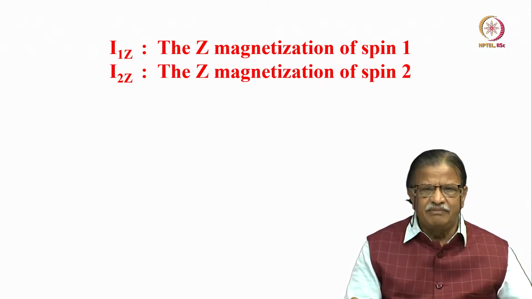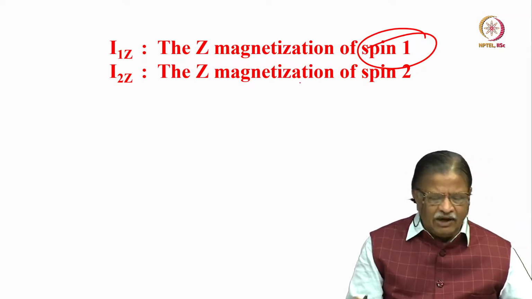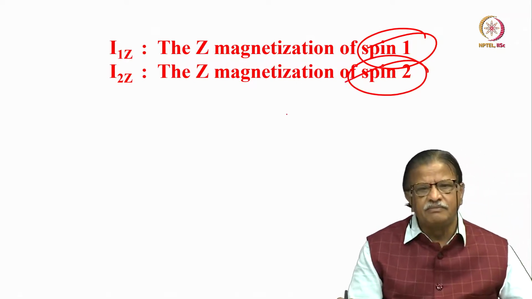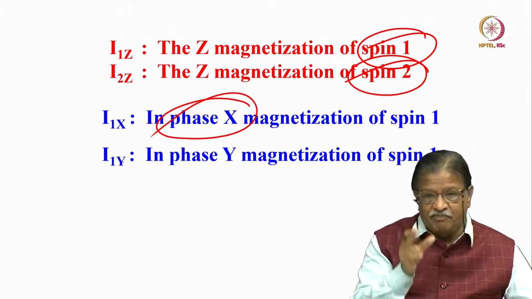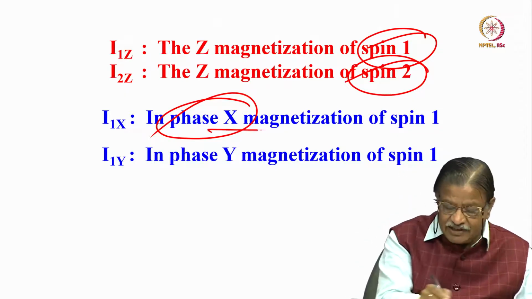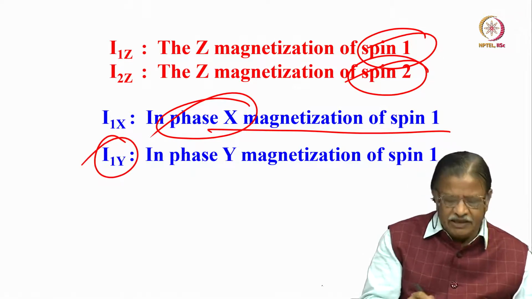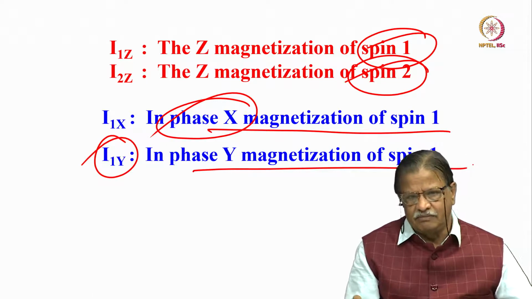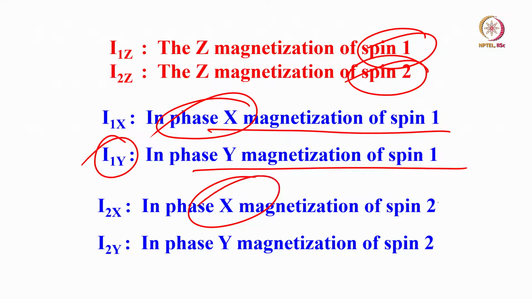See, I1z is the Z magnetization of spin 1, I2z is called Z magnetization of spin 2, I1x is called in phase X magnetization. Please remember, I1x is in phase, that is a word I am stressing, it is an in phase X magnetization of spin 1. Similarly, I1y is the in phase Y magnetization of spin 1. I2x is in phase X magnetization of spin 2 and I2y is in phase Y magnetization of spin 2.